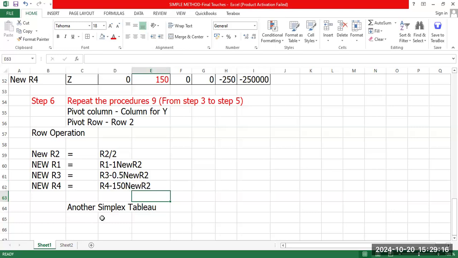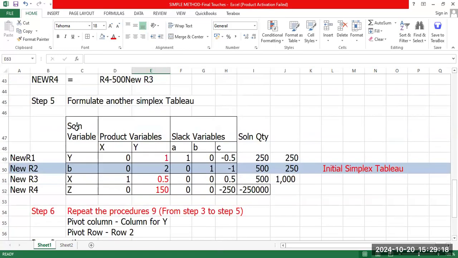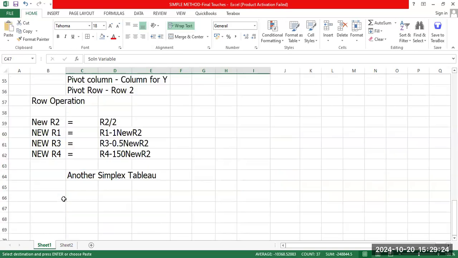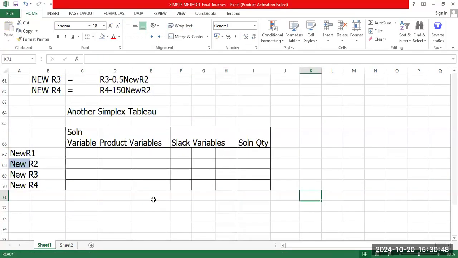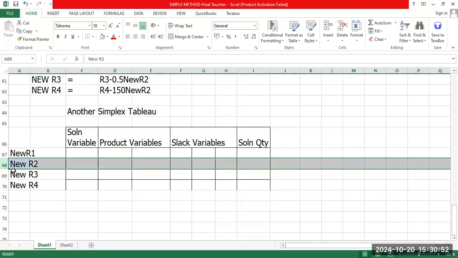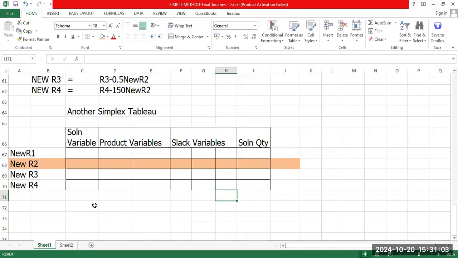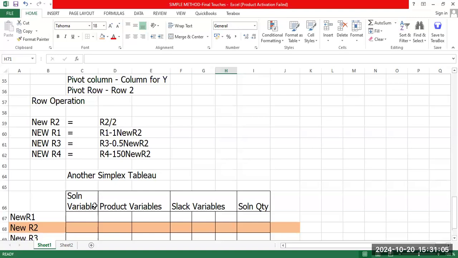So we can do the same, formulate. We start with our pivot row, which is row 2, following the formula.